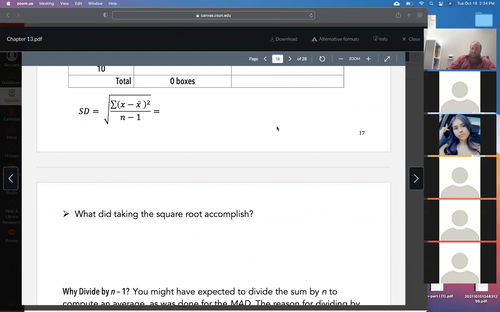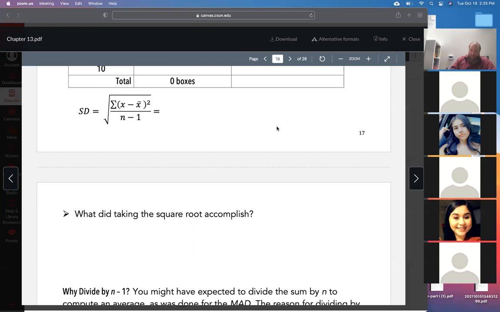Now, I already said the answer earlier. It's to bring the units back. Because remember, if I have measurements in feet and I square each measurement, what are my units now? Feet squared, centimeter squared, something squared, correct?